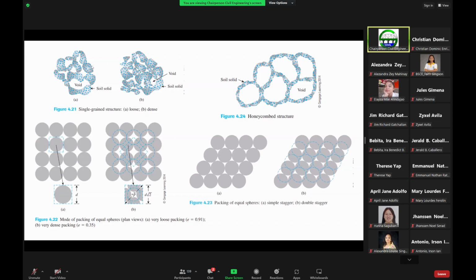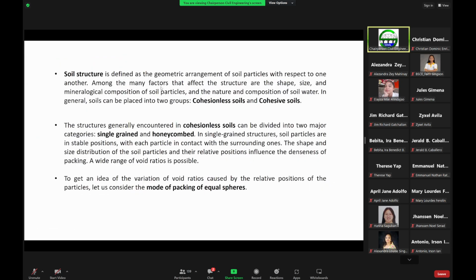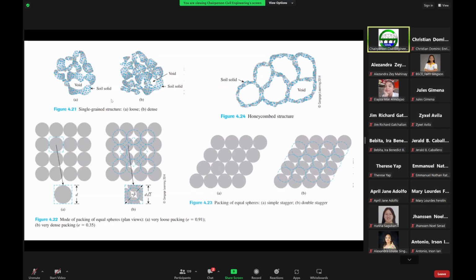Then here you have a dense state of a single grain structure. In the loose state, you have higher voids, and in the dense state, you have smaller voids.